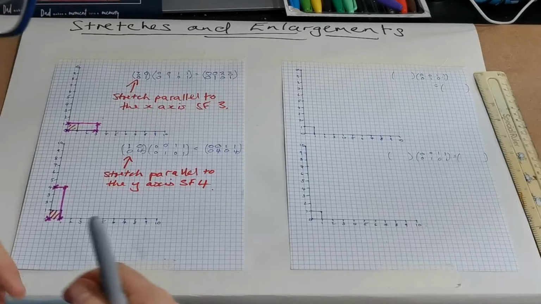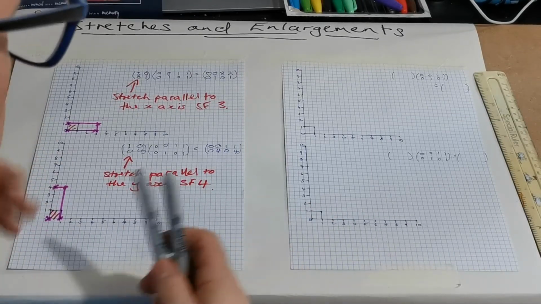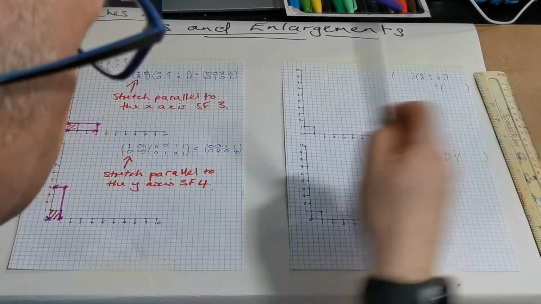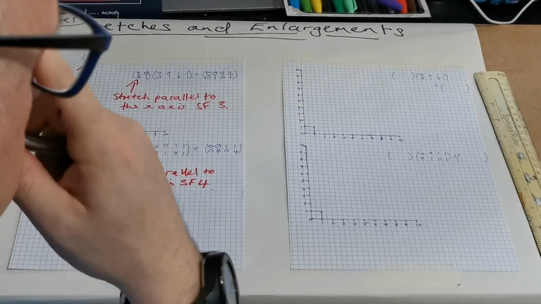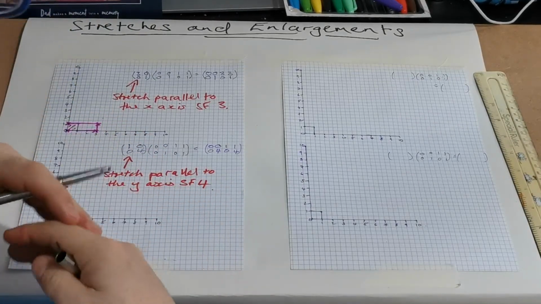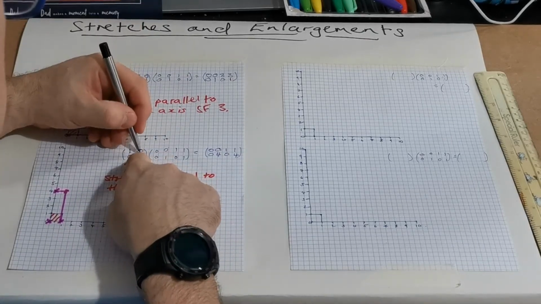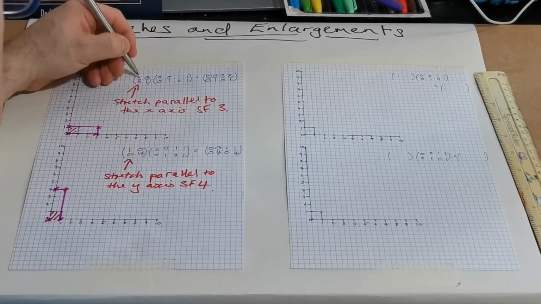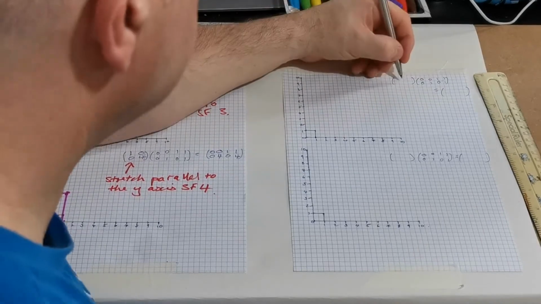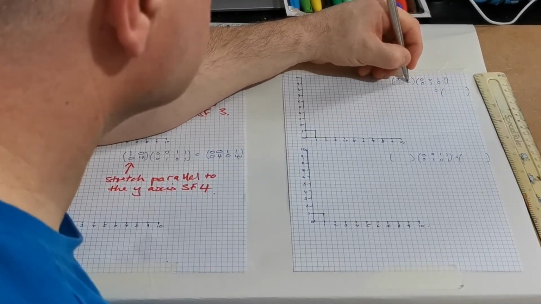Now I can of course change that. So I've done x by changing that, I've done y by changing that, x changes that one, y changes that one. So I can just change them both if I want to.